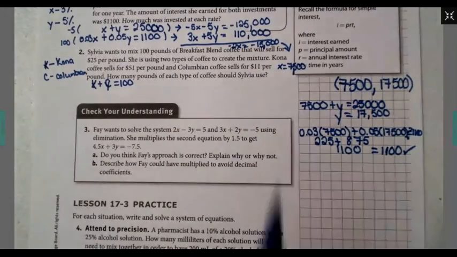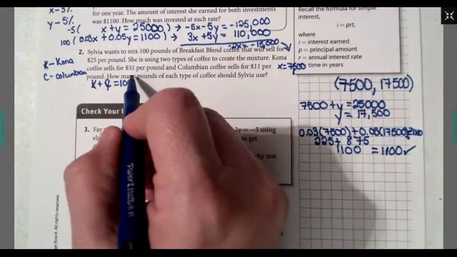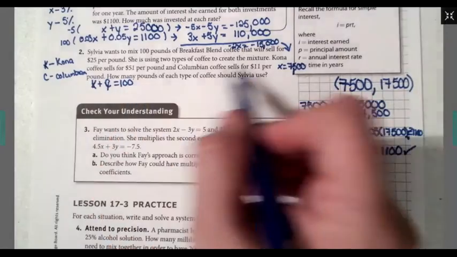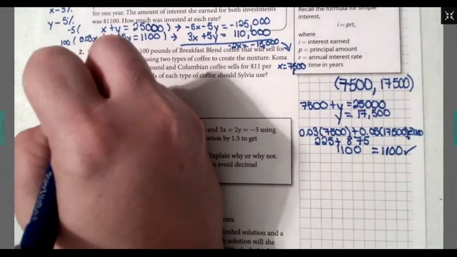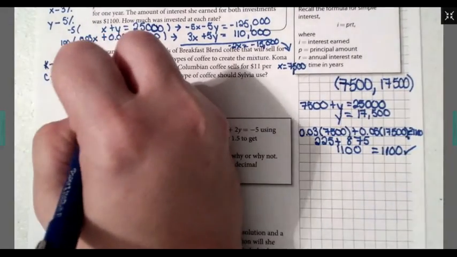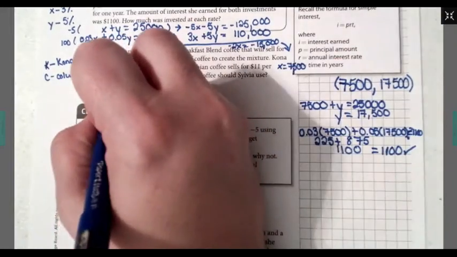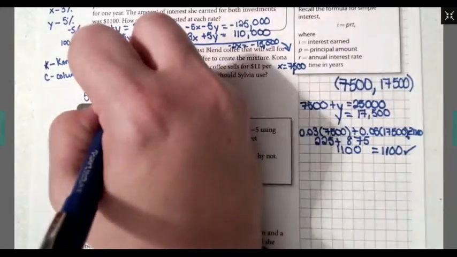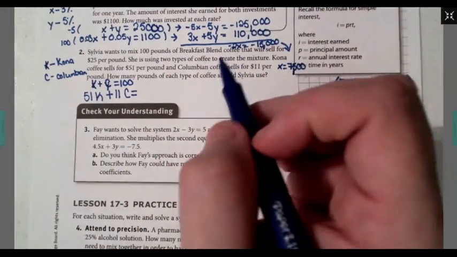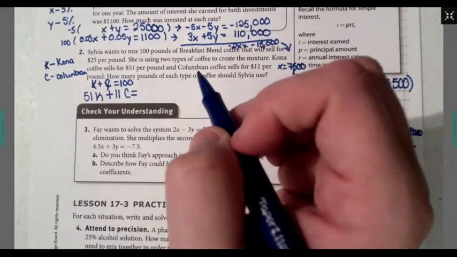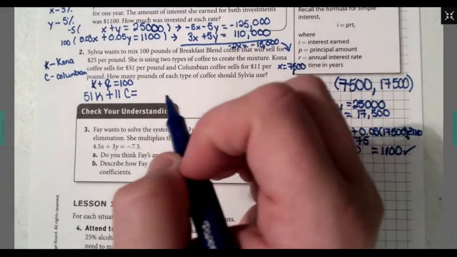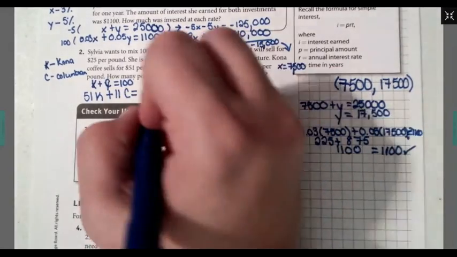Now, we know that we buy this $51 for the Kona coffee. And it's going to be $11 for each pound of Colombian coffee. Now, we want to sell ours for $25. And how many total pounds are we going to have in the end? 100.